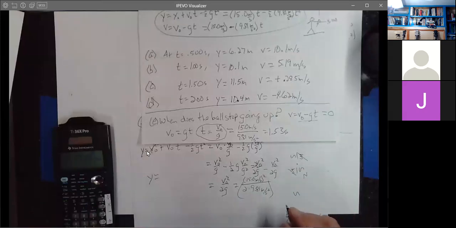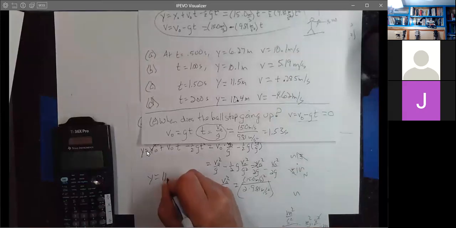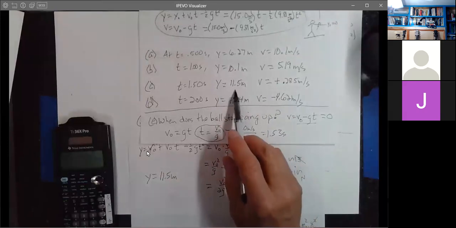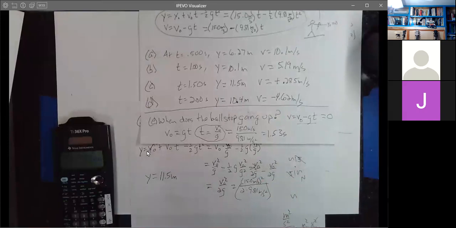Then I get about 11.5 meters. Hey, that's about what I would have guessed.